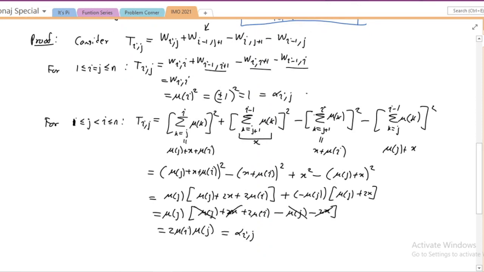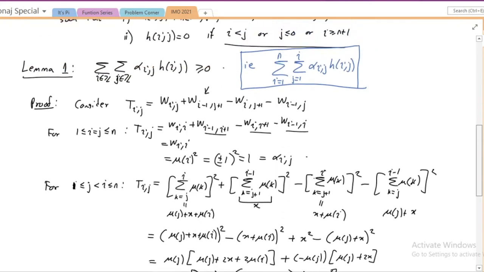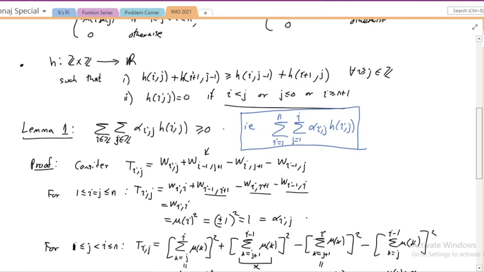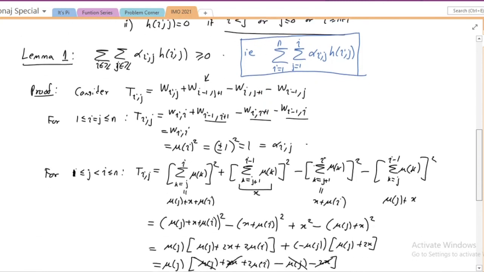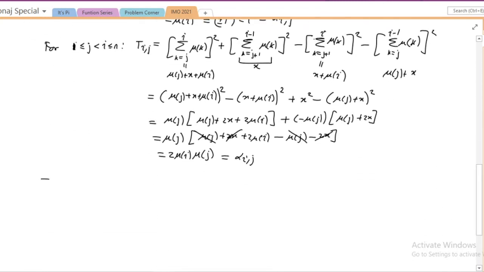Outside this range, we're not really worried about this because h_ij will be 0. Okay, so this means we can actually conclude that alpha_ij h_ij is always equal to this.